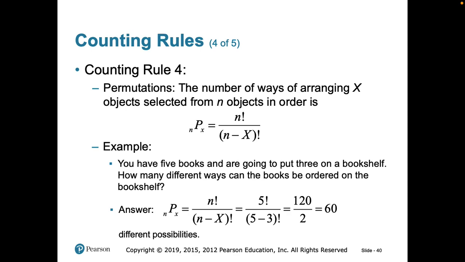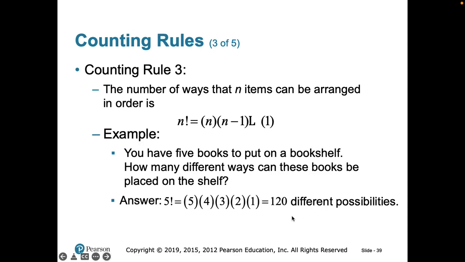In this case, n is the number of possibilities, which is 5, and you divide 5 factorial by 5 minus the number of books you're going to use, which is 3, so 5 minus 3, that's 2 factorial. Remember, we calculated 5 factorial, and that is 120 different possibilities.